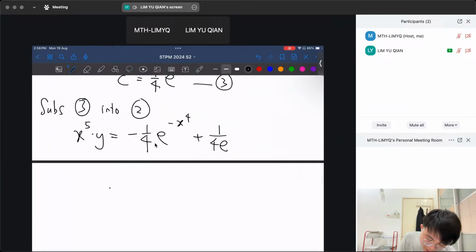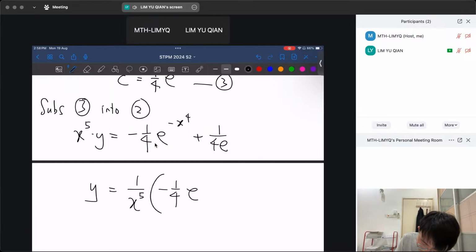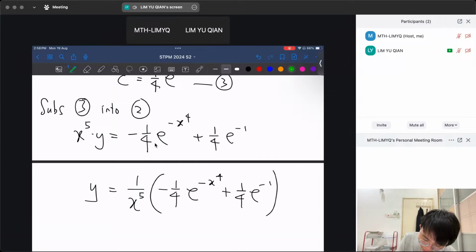Then y equals, if you cross multiply, x power 5 times negative 1 over 4 e negative x power 4, plus 1 over 4 e negative 1. Take out the common factor 1 over 4.